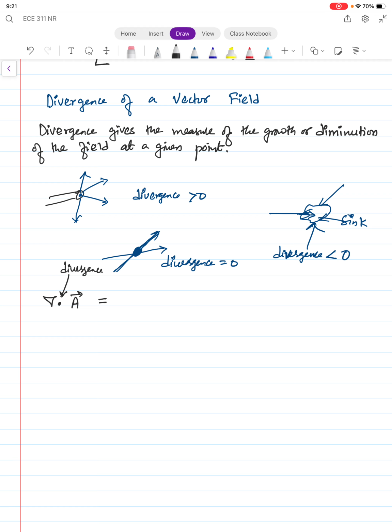Now this becomes partial A_x partial x plus partial A_y partial y plus partial A_z partial z.